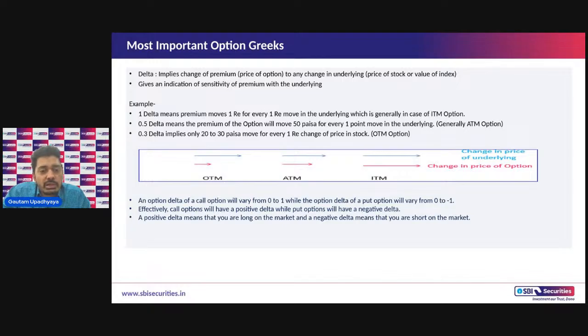This is once again regarding option Greeks, that is delta. What I basically wanted to tell is that delta is not just telling you that if the underlying moves by 100 rupees, by how much your premium will move. It is also telling you the probability of success. So if your delta value is 0.5, there is a 50% chance that by the time expiry comes, in the current example, the 24,600 call option has a delta of 0.5.